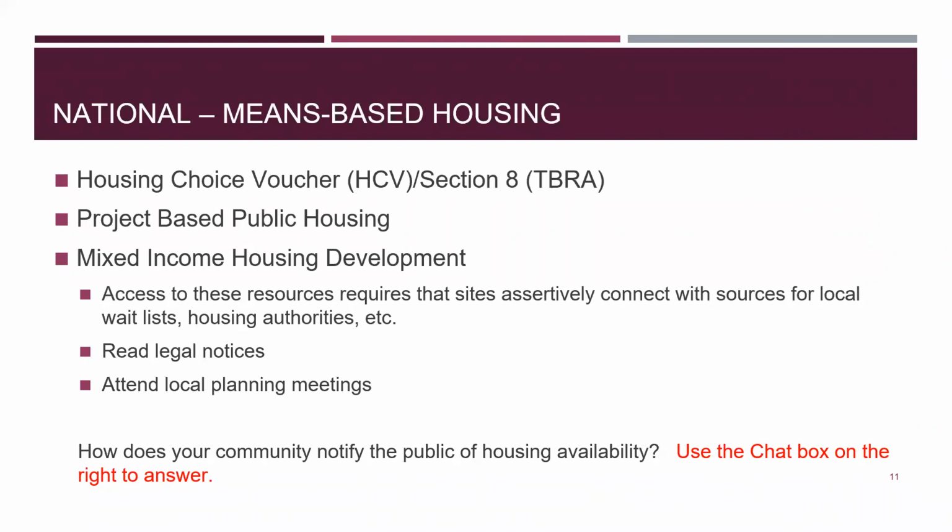If you go online to Google and do a search on Section 8 or Housing Choice Voucher availability or wait lists, you will get all 50 states. It is not run by the government, but it does give you a clue as to where there are some open wait lists. Also, legal notices are crucial to take a look at.